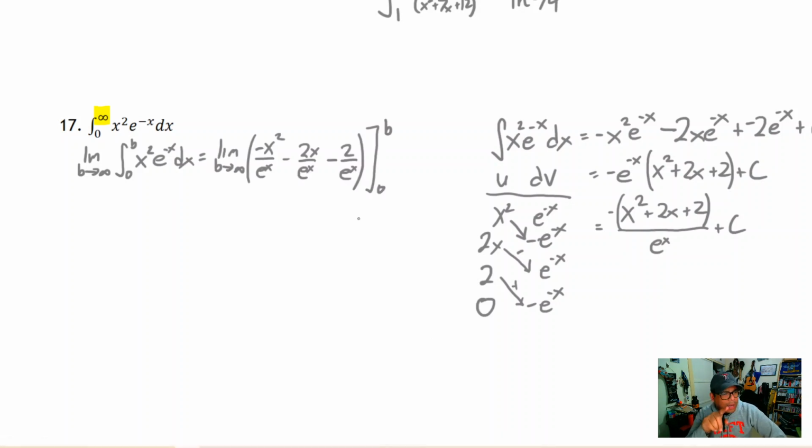I'm going to rewrite this antiderivative as a sum of 3 addends, which is totally fine because we're talking about a fraction here, and we can separate the numerator out with the same denominator. At this point, it's a good time to start substituting our upper and lower limits. So let's go ahead and do that next.